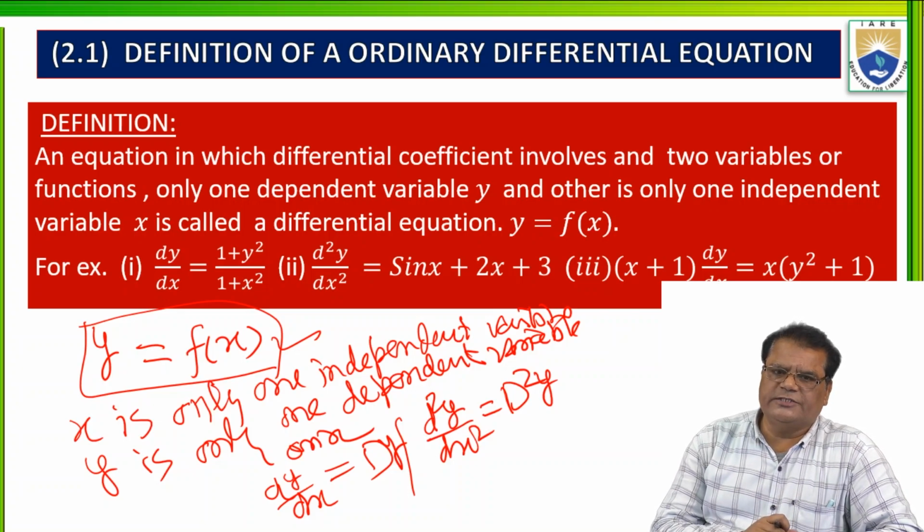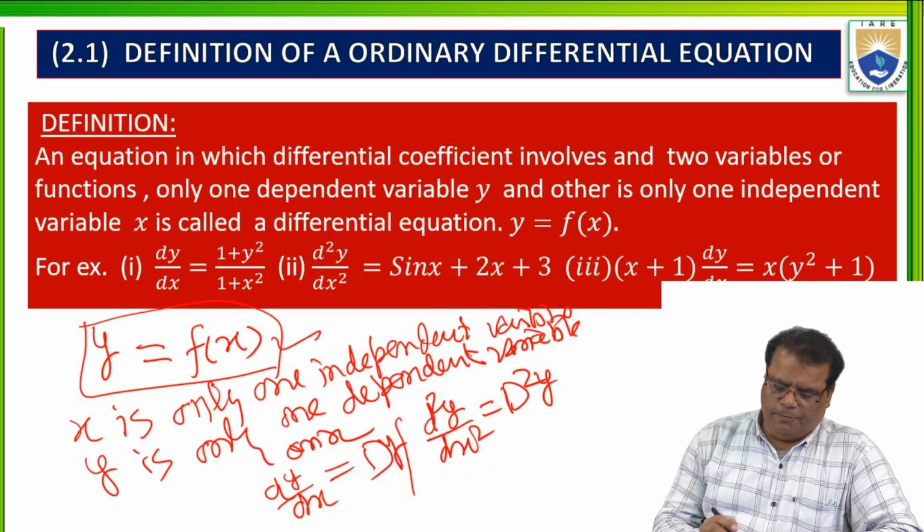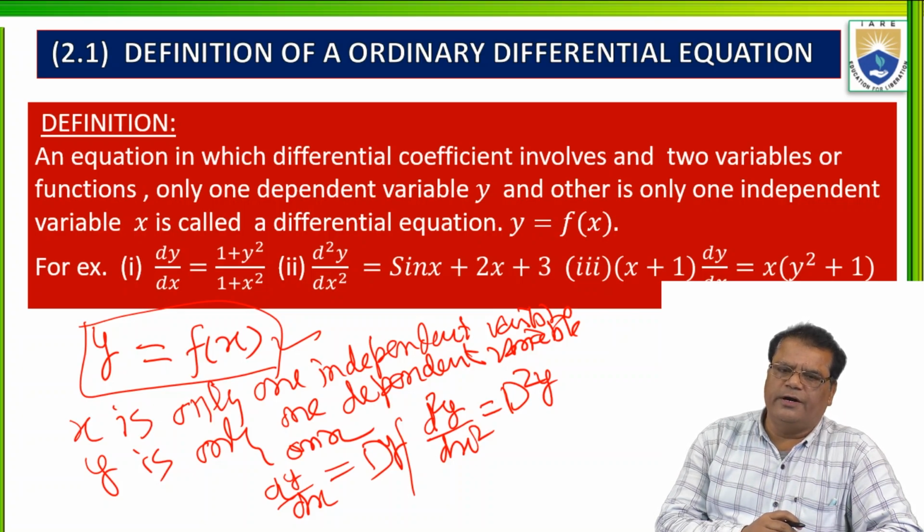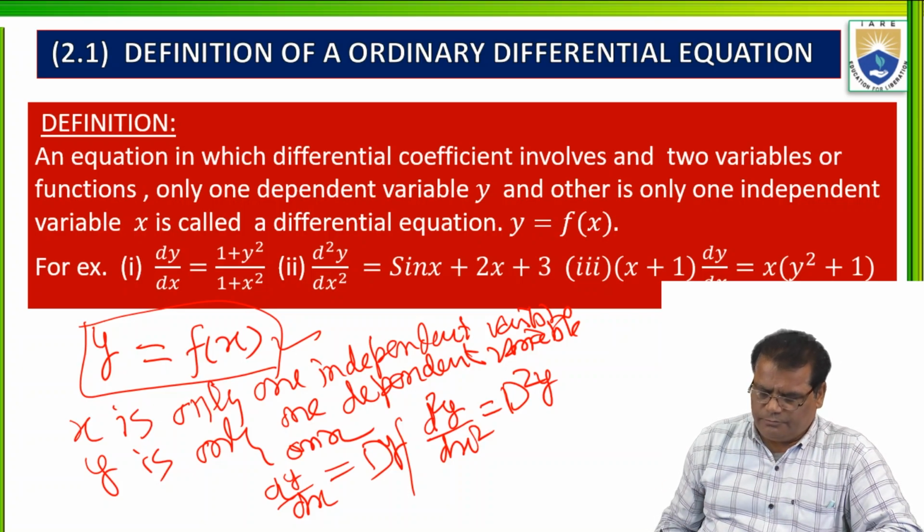Y is equal to f of x means there are only two variables, x is the independent variable, and y is dependent on x. So the derivative of this function is represented by an ordinary derivative or ordinary differential coefficient.